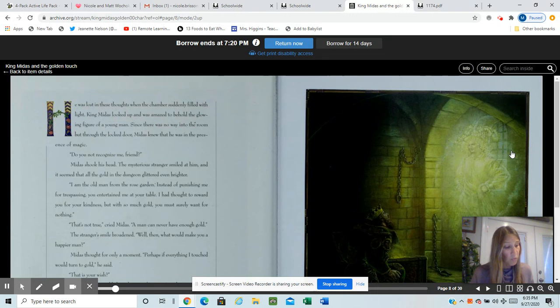I had thought to reward you for your kindness, but with so much gold, you must surely want for nothing. So we just learned that that old man was actually, this was magic, and he was actually almost like, reminds me of like a genie or something.